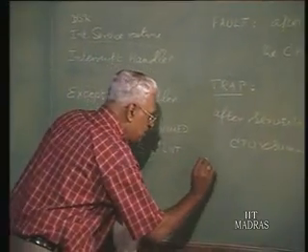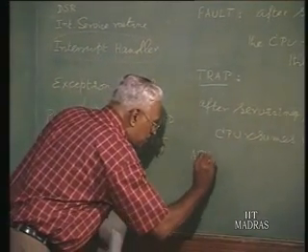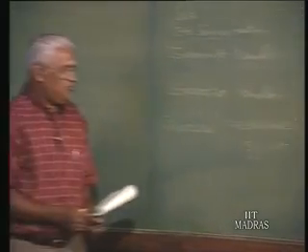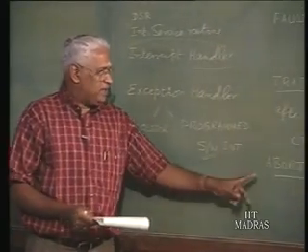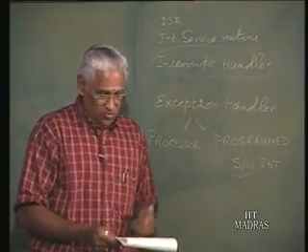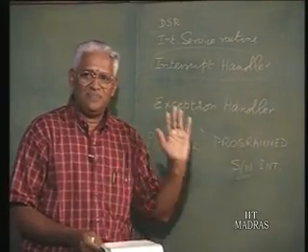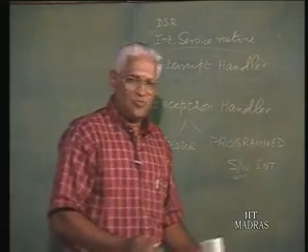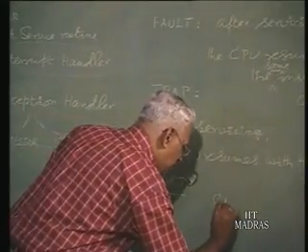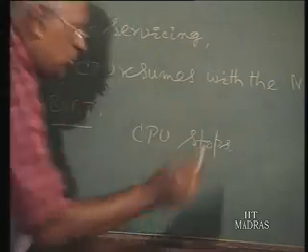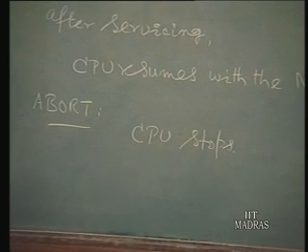Then there is another type called abort. That is, a situation arises and the CPU cannot proceed any further. So, it has to abort, in other words the CPU stops, and the abort handler causes the CPU to stop and it cannot proceed any further.